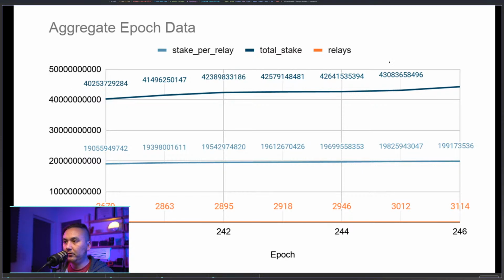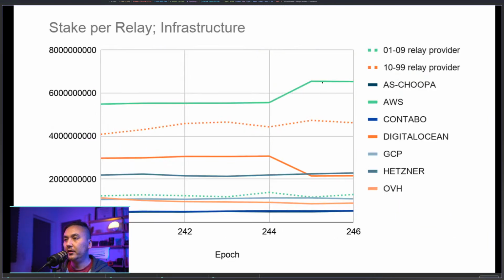This is where we say, if we double count ADA for every relay that a pool has, there's actually around 43 billion ADA represented in the pools. I think this does make sense to think about this way, because as long as one of their relays is alive, all of their ADA is represented.